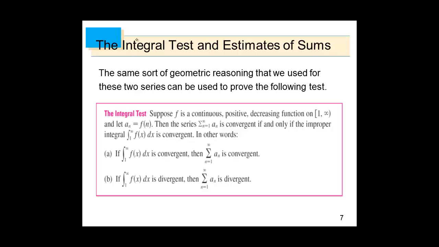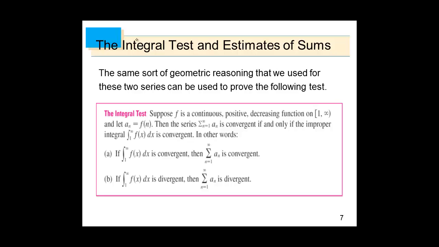Okay, one thing I want to note here is that the condition here is that the function f is a continuous positive decreasing function on the interval from 1 to infinity, right? This condition here can be relaxed. That is, I don't have to start at 1.